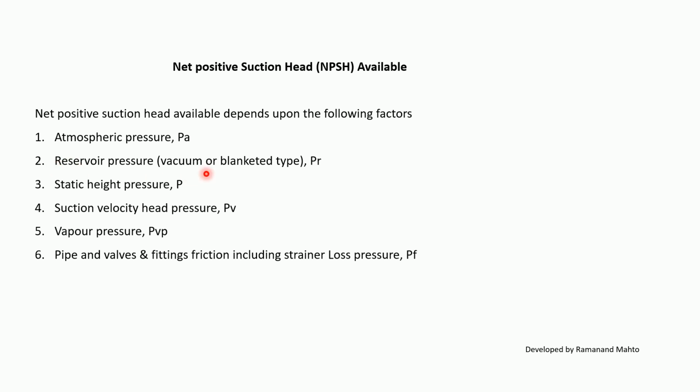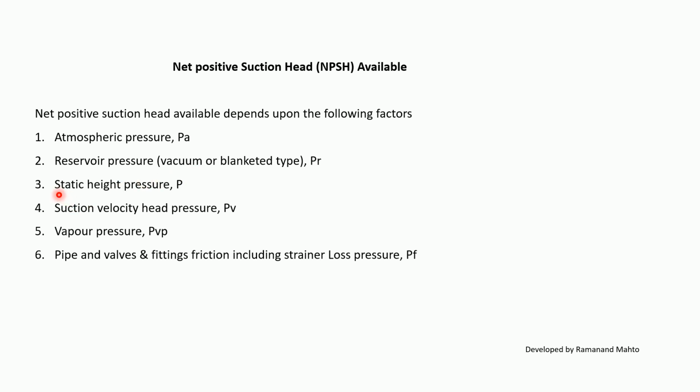It can be vacuum or it can be blanketed. In case of vacuum, reservoir pressure is considered negative. In case of blanketed, it is considered positive. So PR can be negative or positive depending upon whether it is vacuum or a positive blanketed.